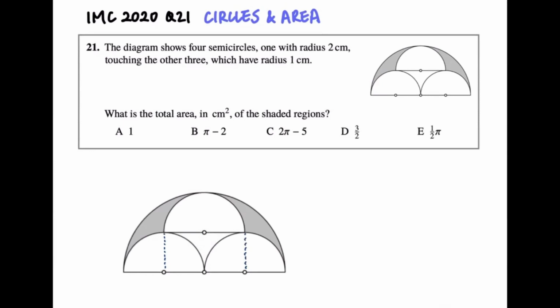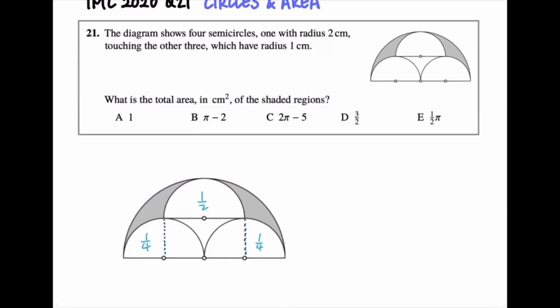Let's write a quarter of a circle, half of a circle, and a quarter of a circle again. Then inside is just a rectangle, and they'll be easy to calculate since we know the lengths. So let's write them up. This one has 2 centimeters, and each one has 1, therefore the inside would be 1 each.